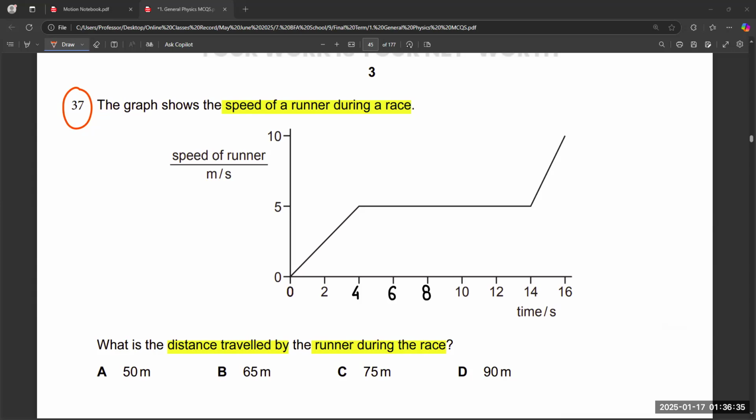Sir, it is A. 50 meters. Okay, option A.